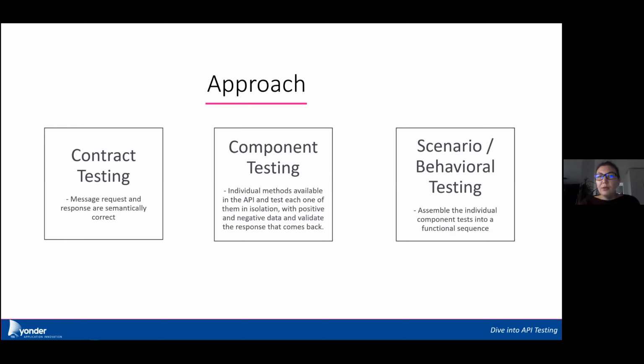It's more related to the message requests and responses, and to make sure that they are semantically correct. Basically, during a contract test, I need to make sure that a specific mandatory request can be established, and when the client makes a request to the server, the API responds successfully. Those can be represented as the main tests in our structure.